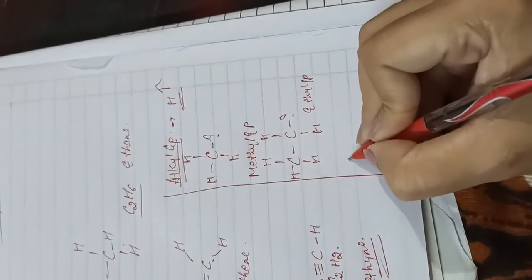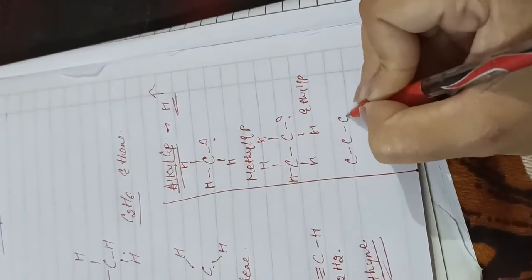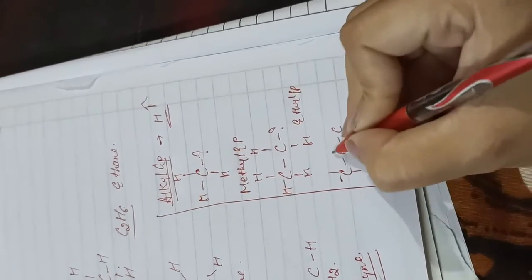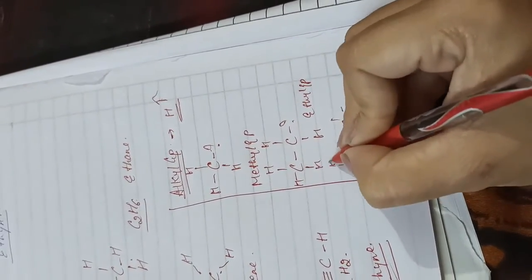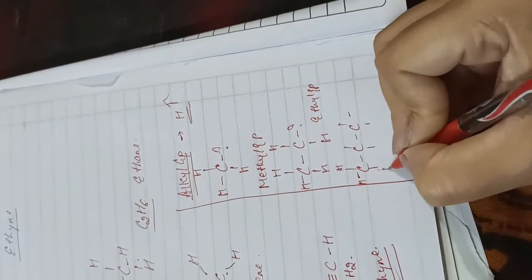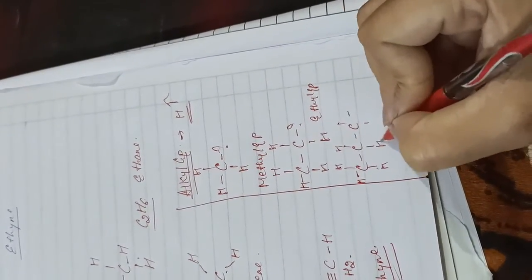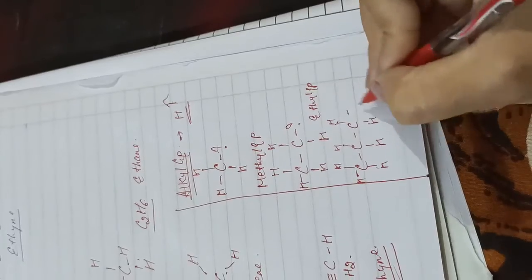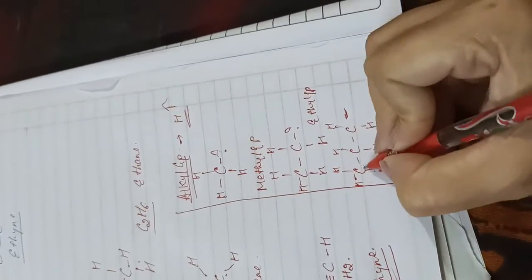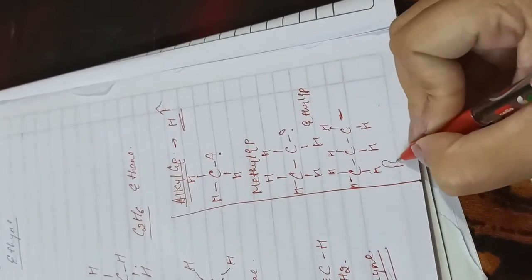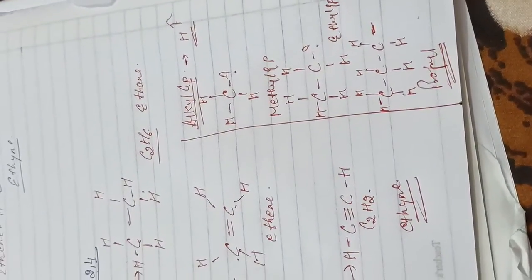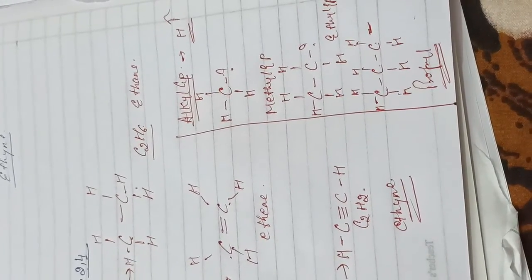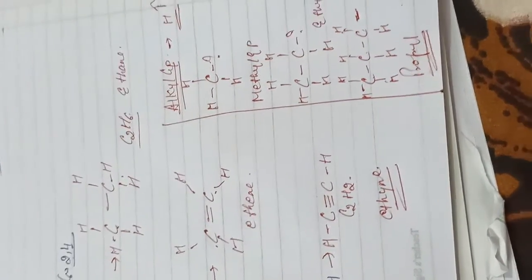Next one we will take with three carbons and hydrogens, hydrogen, hydrogen, and this is left. Methane, ethane, propane means propyl. Okay, this is the alkyl group. Understood, beta? This is the alkyl group.